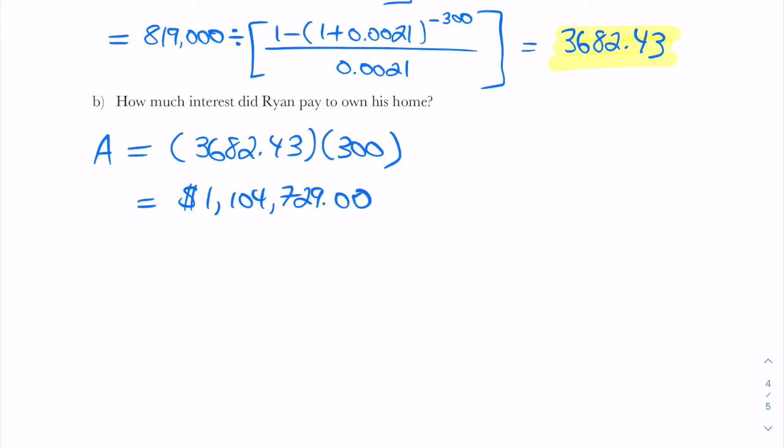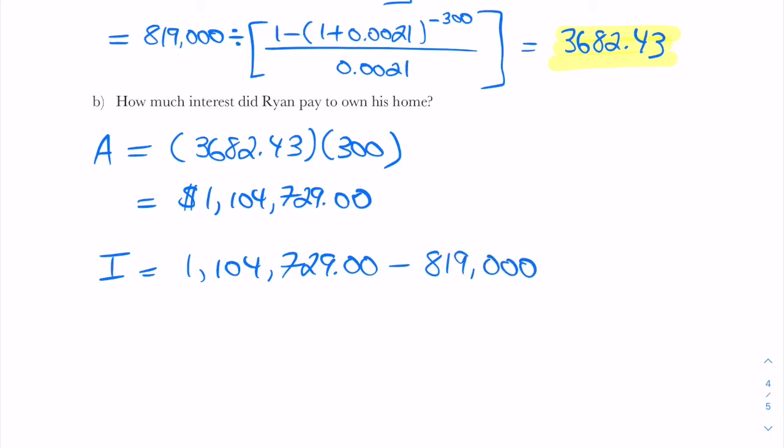But wait a minute, the mortgage was only for $819,000. You're right, but you ended up paying much, much more because you're paying interest on top of the loan. So how much interest did you pay? Take the final amount, subtract the original, and the interest you pay to own your home is approximately $285,729.